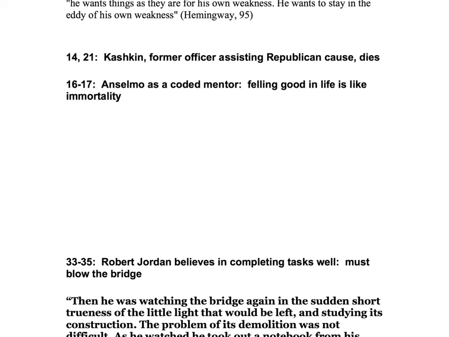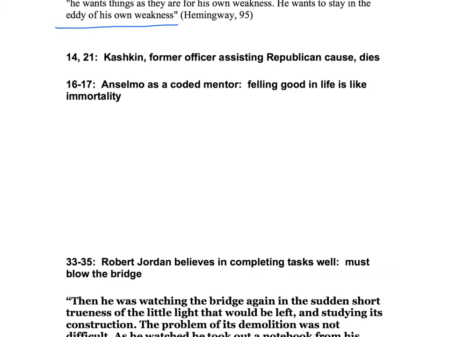He wants to stay in the eddy of his own weakness, right? And so he wants things to stay as they are and hide in the mountains and not incite any violence from the fascists. And Robert Jordan finds that to be a foolish idea because they're going to come and get them if they don't blow the bridge. But he also sees Pablo as lacking courage and lacking a commitment to action.